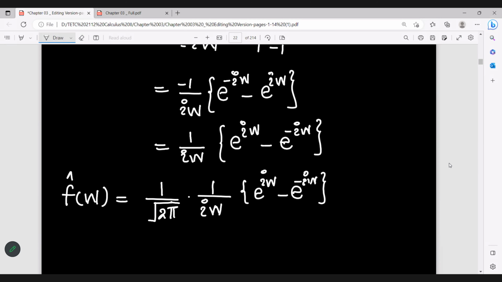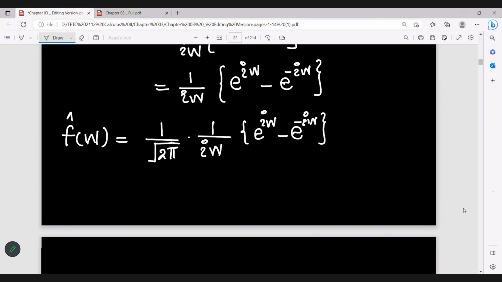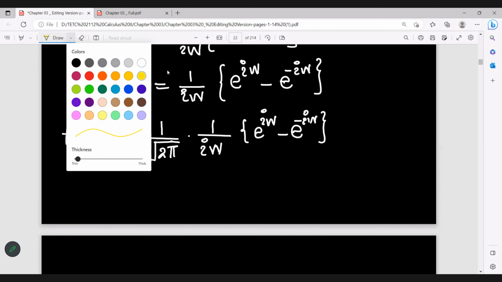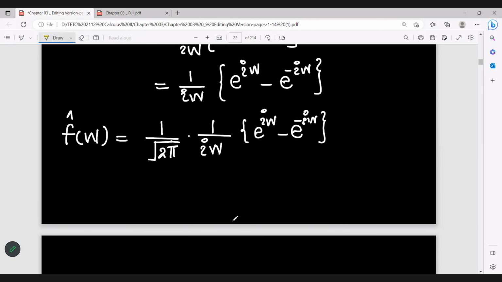And here we have discussed an important formula called Euler's formula in complex numbers. Can anyone remember Euler's formula? Euler's formula is e to the power ix equals cosine x plus i sine x.